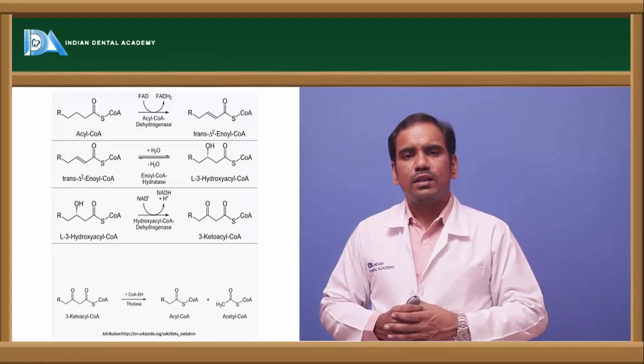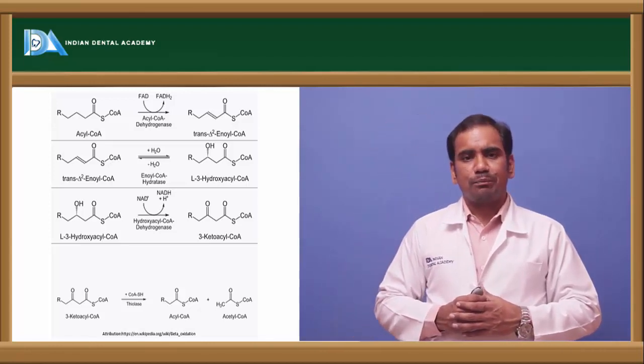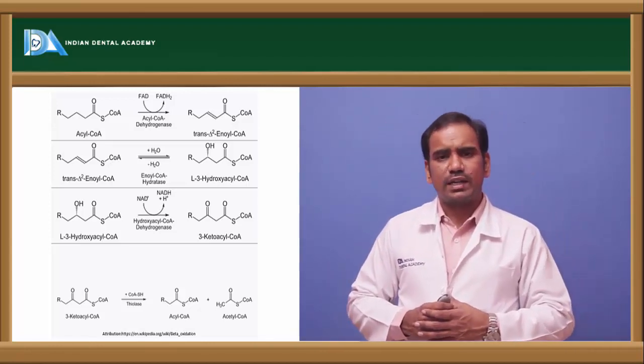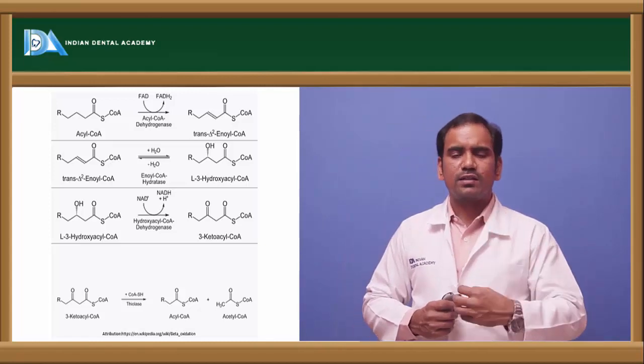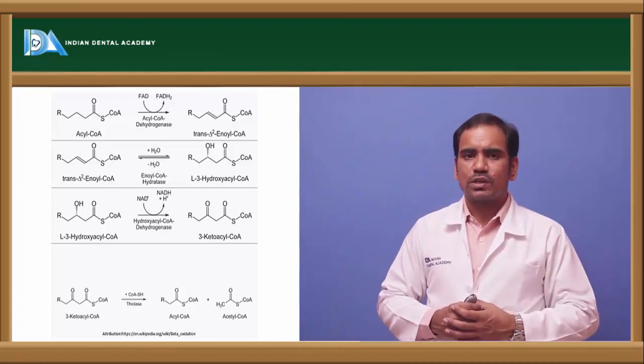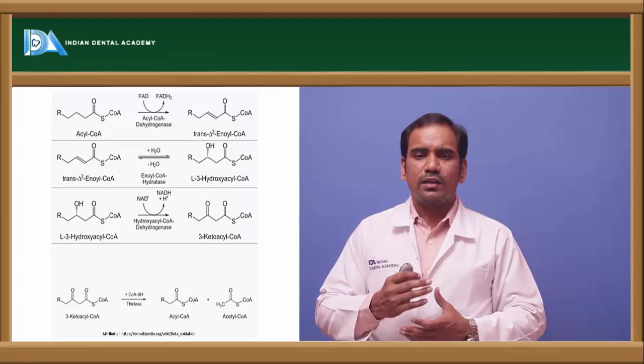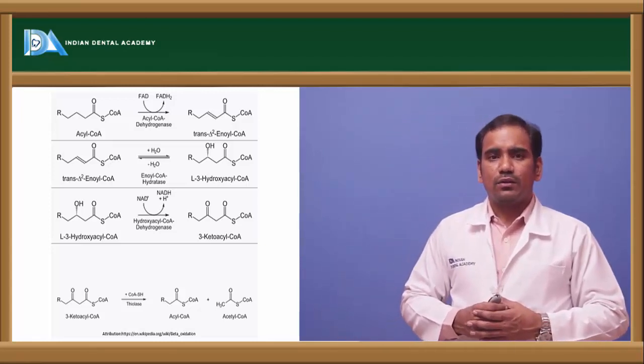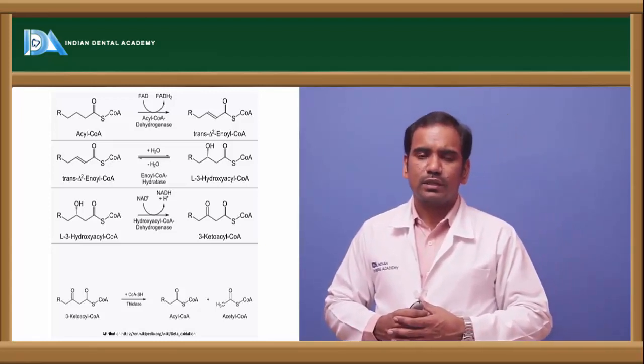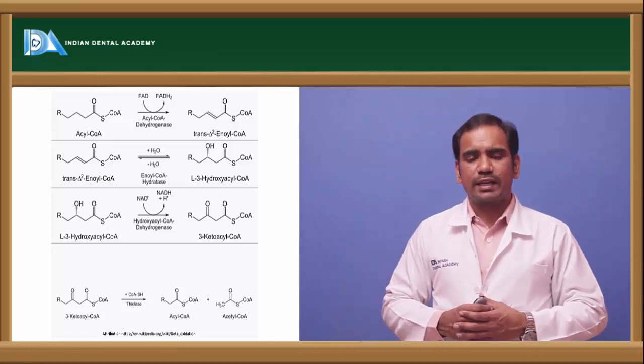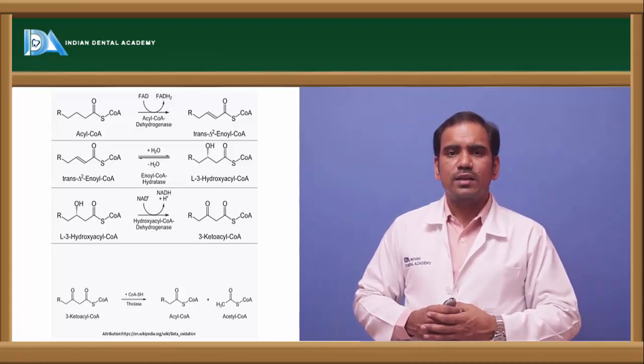When you consider palmitic acid oxidation, it is a 16 carbon fatty acid. When it enters into beta oxidation, it has a total of 16 carbons, and a total of 8 acetyl CoAs are produced, and the number of beta oxidation cycles that occur is 7.